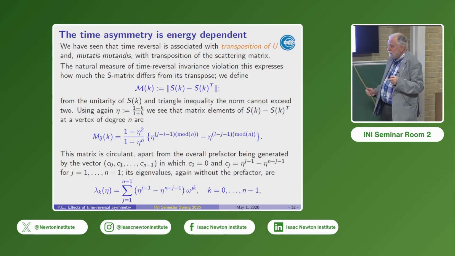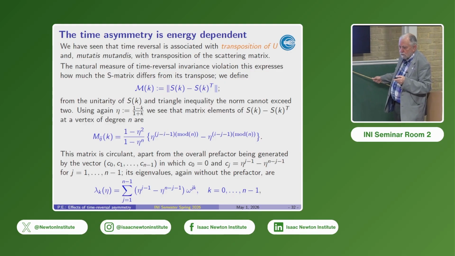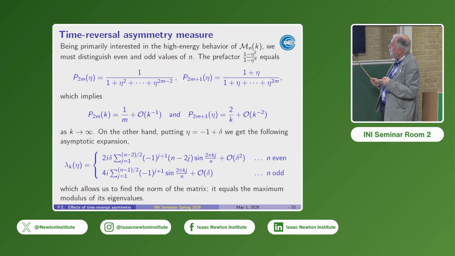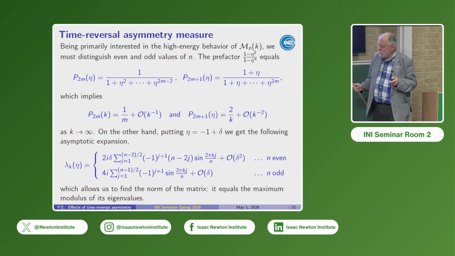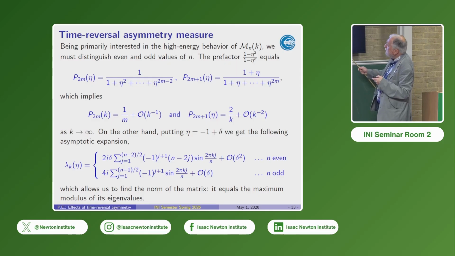And now, since it is a circulant matrix, knowing the entries, you can reconstruct the eigenvalues. They're here. Now, if you ask how it behaves as the energy goes to infinity, you distinguish two parts. There is a prefactor here, and the norm coming from these eigenvalues.